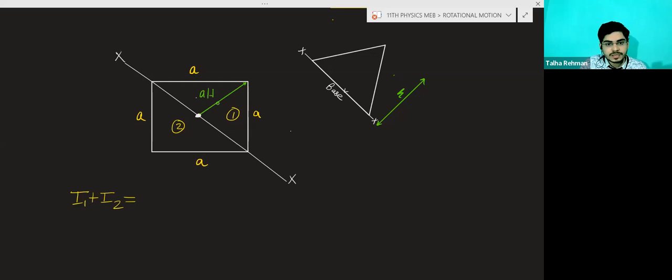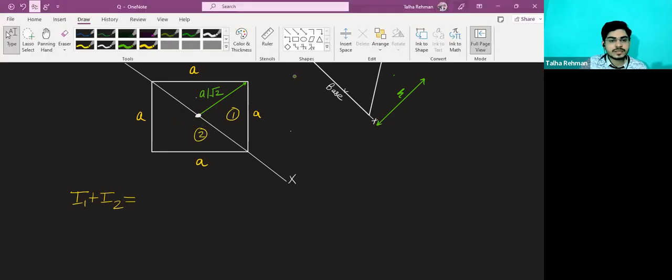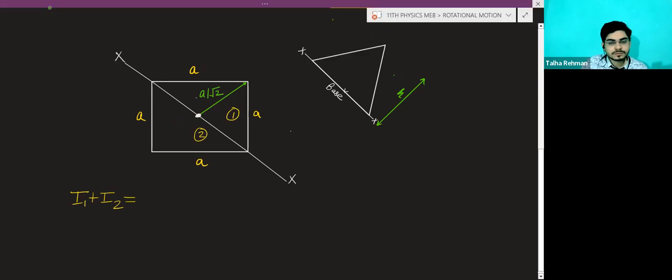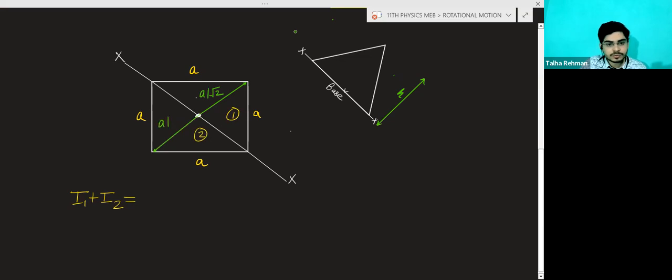This much geometry you should know. So this height is A by root 2, and this height will also be A by root 2, because this figure is a symmetric figure.